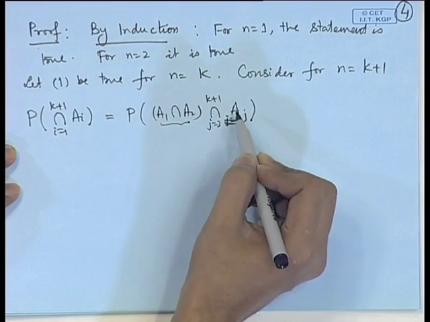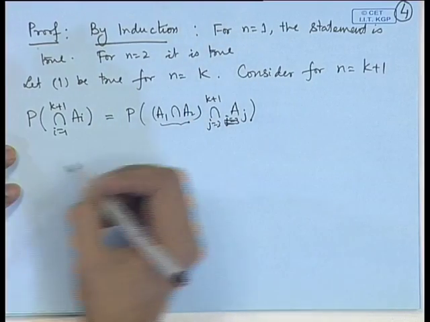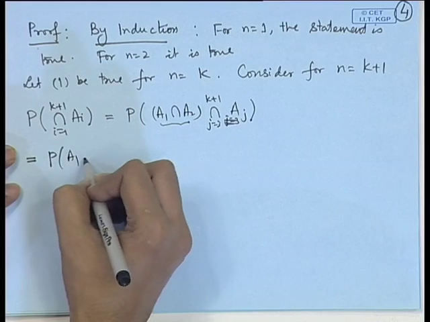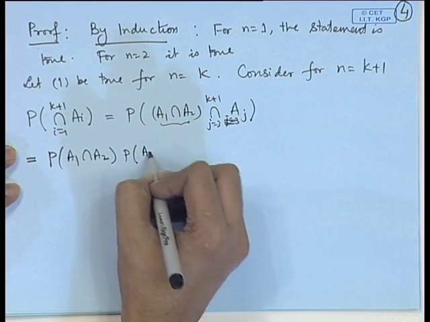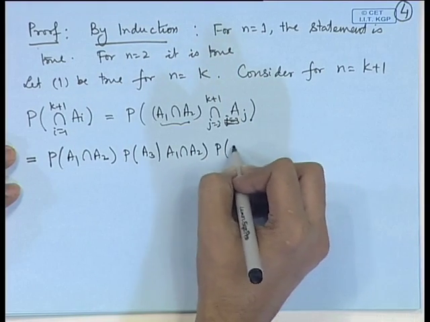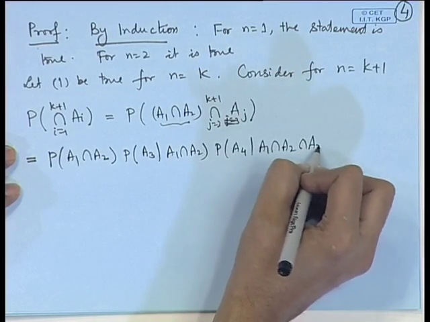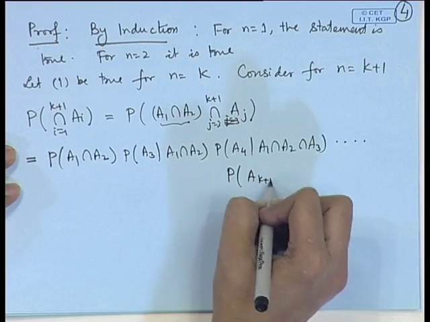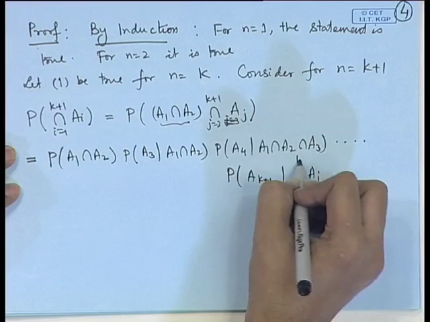So, this is total k sets, and we have made the assumption that the statement is true for k. Therefore, we can write it as probability of A1 intersection A2 into probability of A3 given A1 intersection A2 into probability of A4 given A1 intersection A2 intersection A3, and so on up to probability A_{k plus 1} given intersection A_j, j is equal to 1 to k.